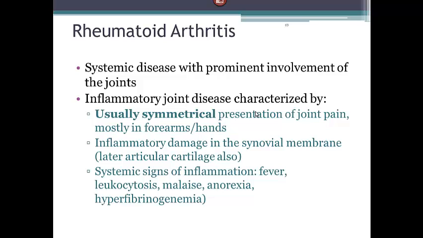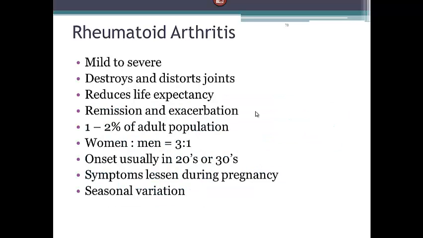If you have associated symptoms, an increased ESR or any type of inflammatory mediator, it will give you more points. And depending on the duration of the symptoms, if the symptoms last more than 6 weeks, it will give you points as well. Remember, this disease process could range from mild to severe.